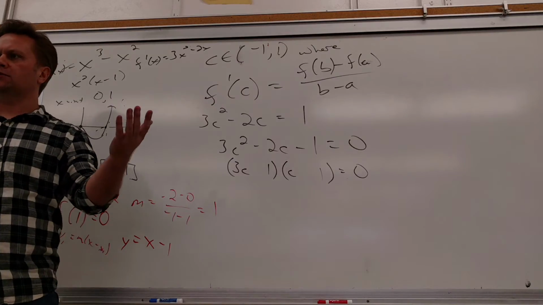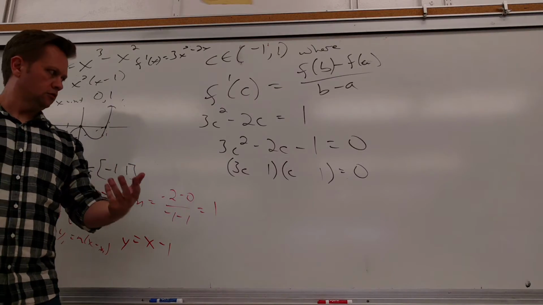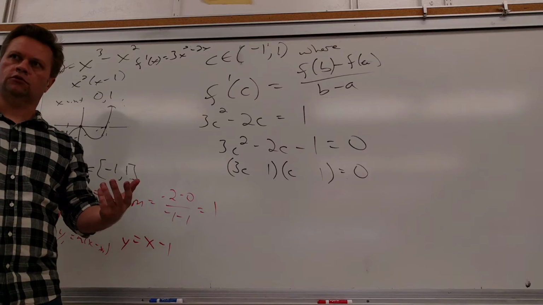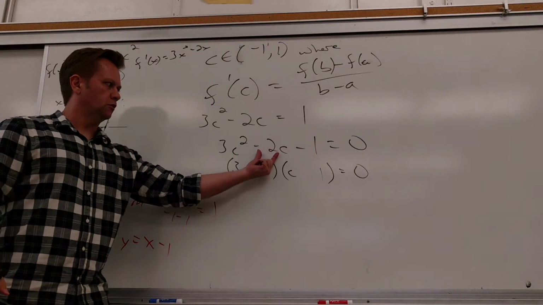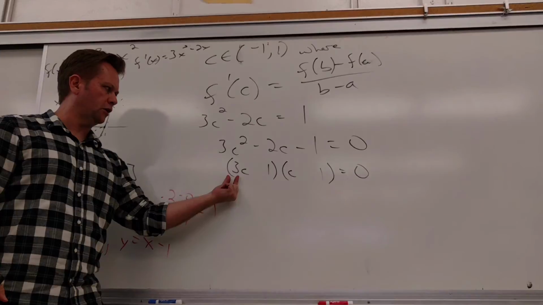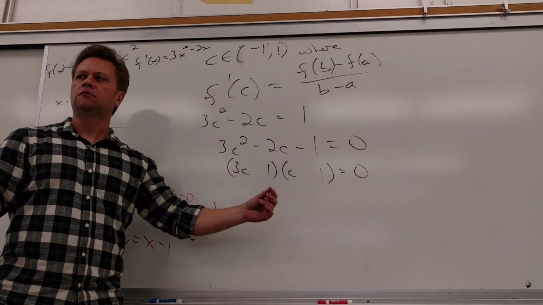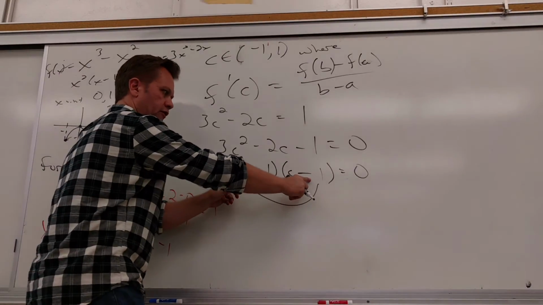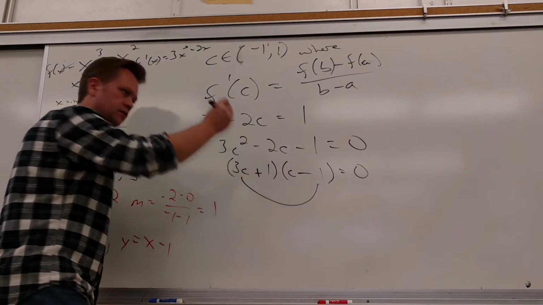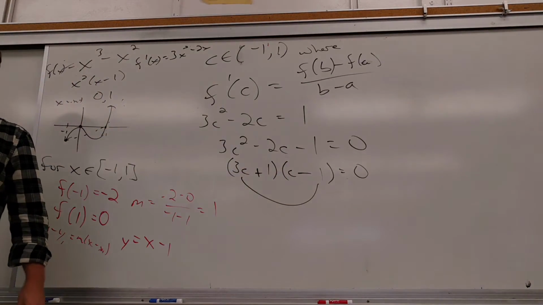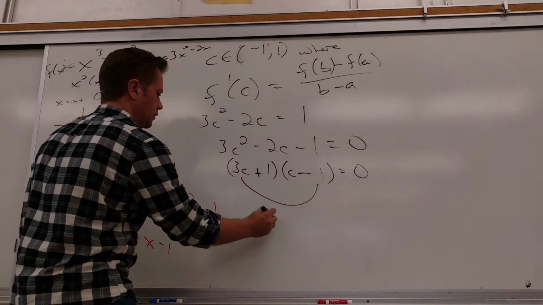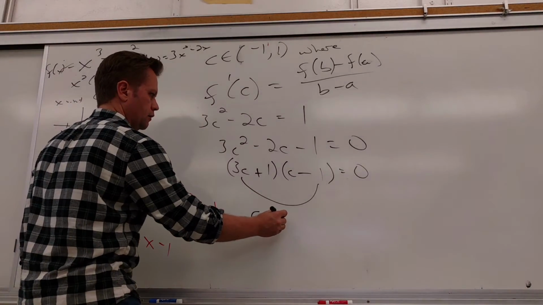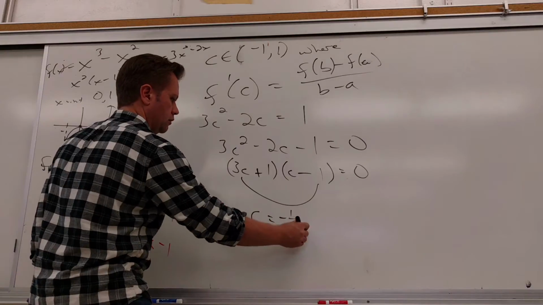Now it's all about who's minus, who's plus. To make -2, which one has to be negative? 3 or 1? 3. So where does that come from? So that's got to be negative, because that's where -3c comes from. That's got to be plus. So then what are my two possibilities here? -1/3 and 1.